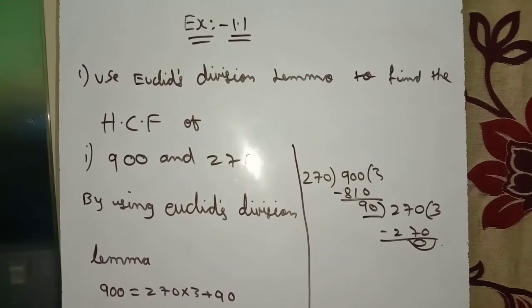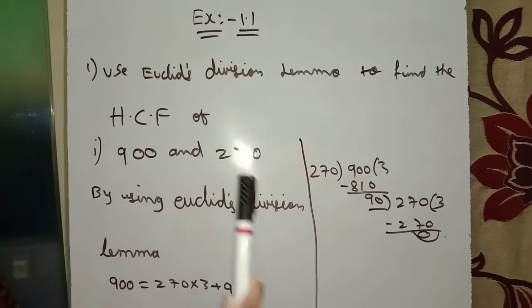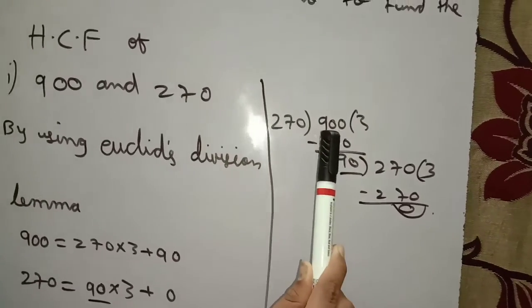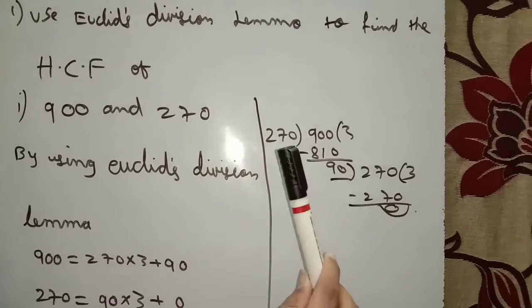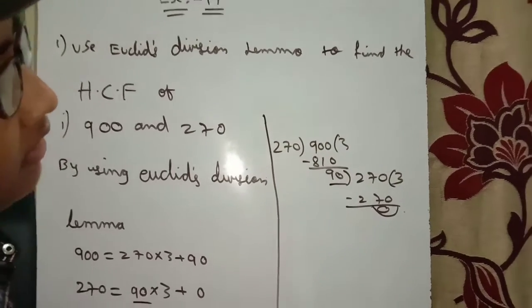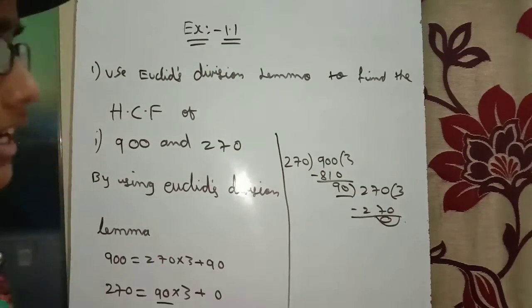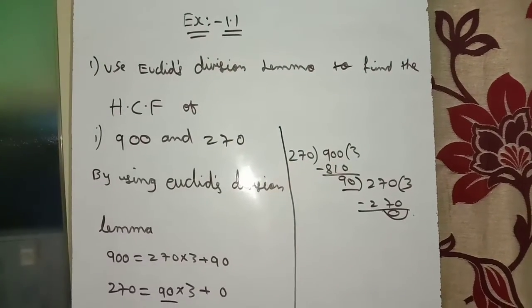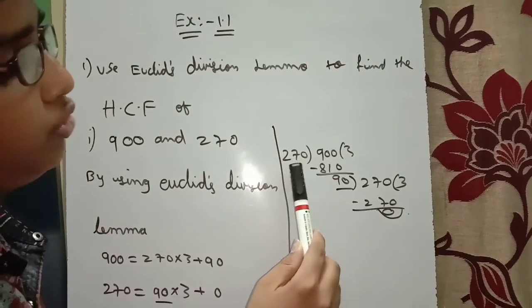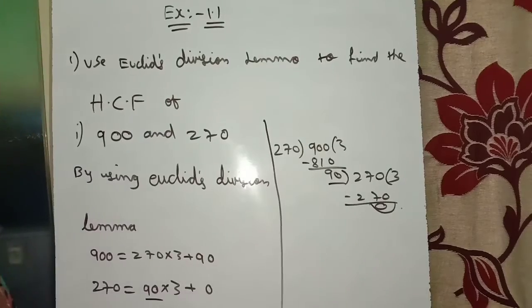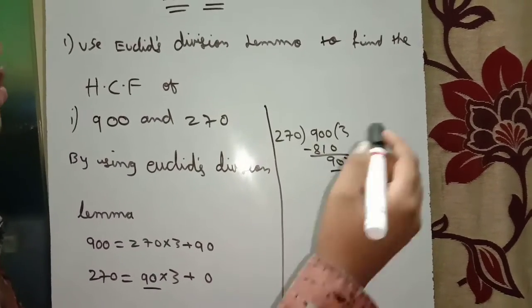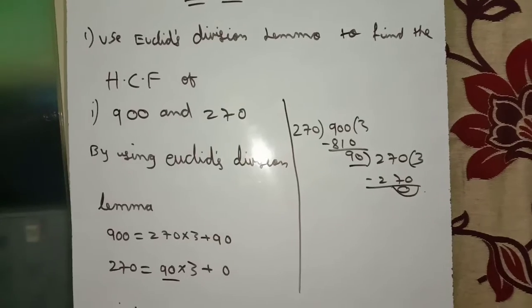I have done the HCF for 900 and 270 here. The dividend is 900 and the divisor is 270. 270 into 3 is equal to 810, so 900 minus 810 is equal to 90. Now the divisor of the first step becomes the dividend of the second step, so 270 becomes the dividend here. 90 into 3 is equal to 270, so 270 minus 270 is equal to 0.